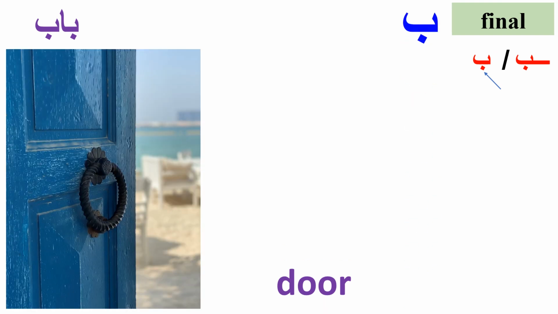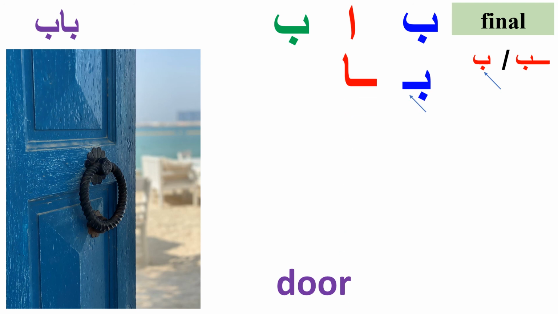We start as usual. We look at the individual letters that make the word bab. So ba, then a, then b. Again, bab. The ba will connect as in the initial shape, as you can see here, with an extension so that it can join with the second letter, the alif. In here, it's connected.